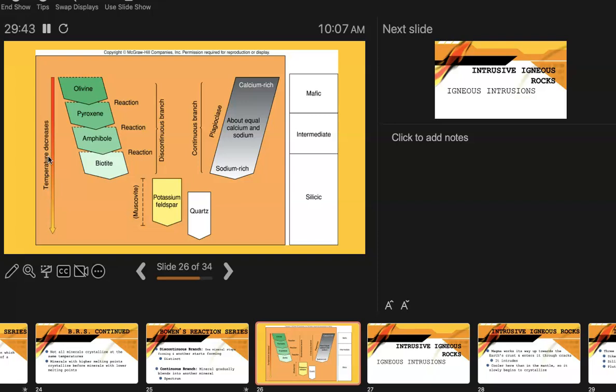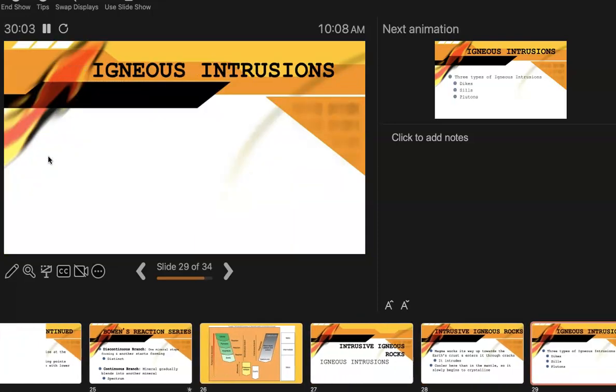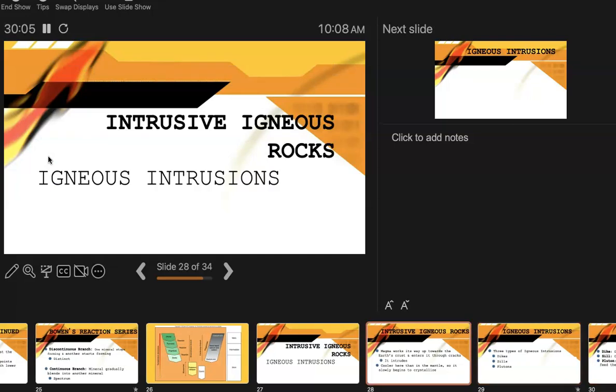This, believe it or not, is that same table that we looked at for a while. If you take the silicic corner that's in the bottom right, and you flip it to the upper left, so it goes felsic, intermediate, mafic across the top like I've been trying to tell you it goes, this is actually that. I went the wrong way.